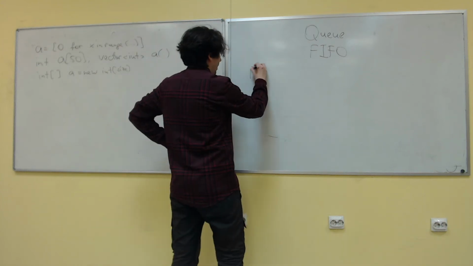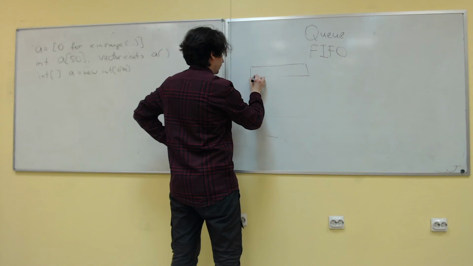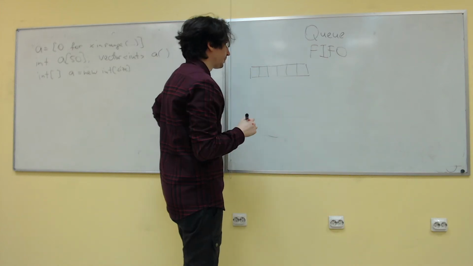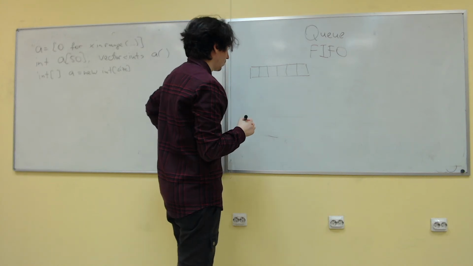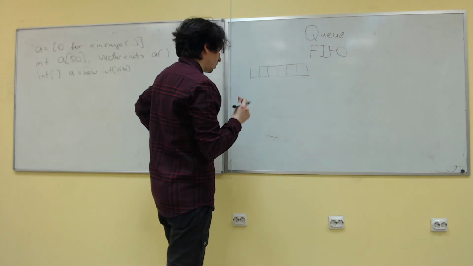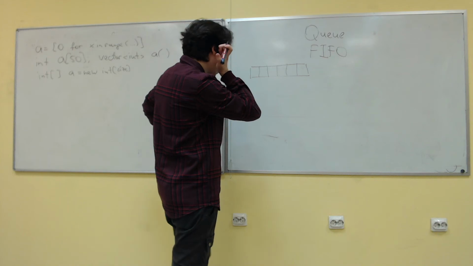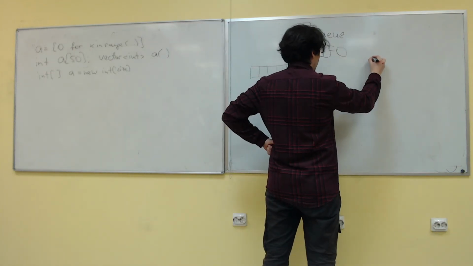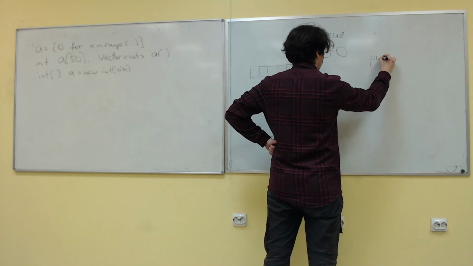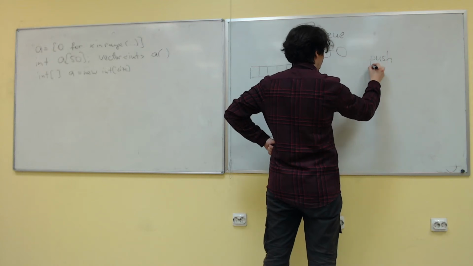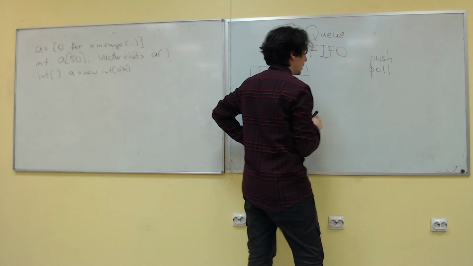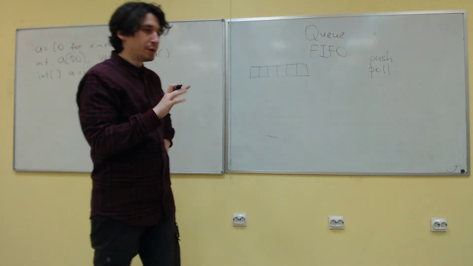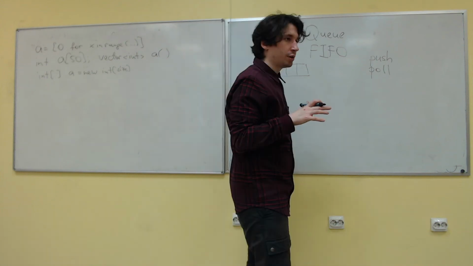So you have kind of this array where you can do the following. You can add: push and poll. I'm always not very good with the notations because typically they're a little bit different from the stack notation.